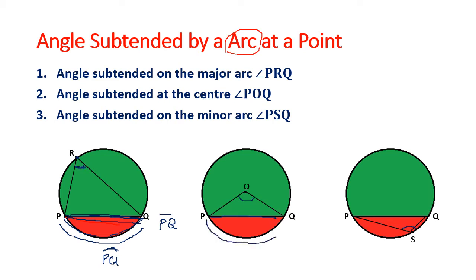The same arc PQ makes an angle at the center, but here the major arc PQ makes an angle on the minor arc. So we have got a minor arc making an angle on the major arc and the major arc making an angle on the minor arc. So it may be a chord or it may be an arc. There is not much of a difference. So now today's theorems are going to be based on the arcs.